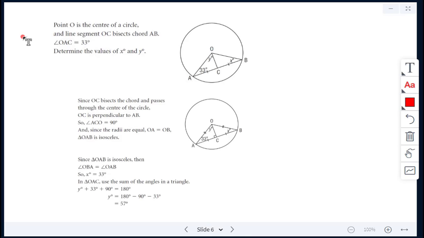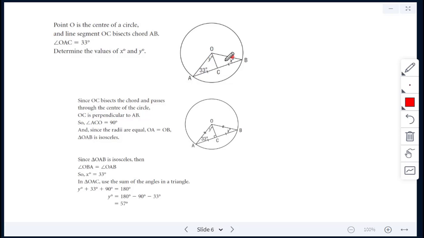So let's take a look at this example. Point O is the center of the circle, and we have the line segment OC bisecting the chord AB. We're also told that angle OAC is 33 degrees.